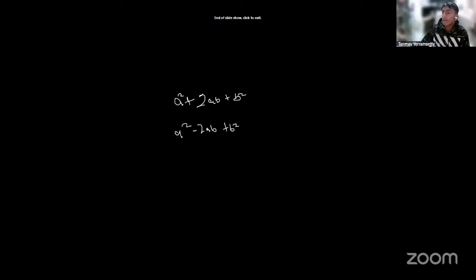Then I don't have to do a minus b whole square? Not necessary. See, a plus b whole square formula: a square plus 2ab plus b square, right? That means if we have a square plus 2ab plus b square, we can write it as a plus b whole square.